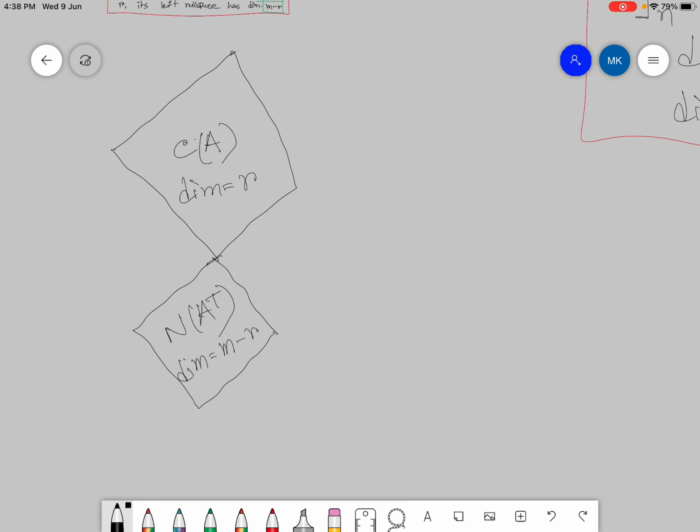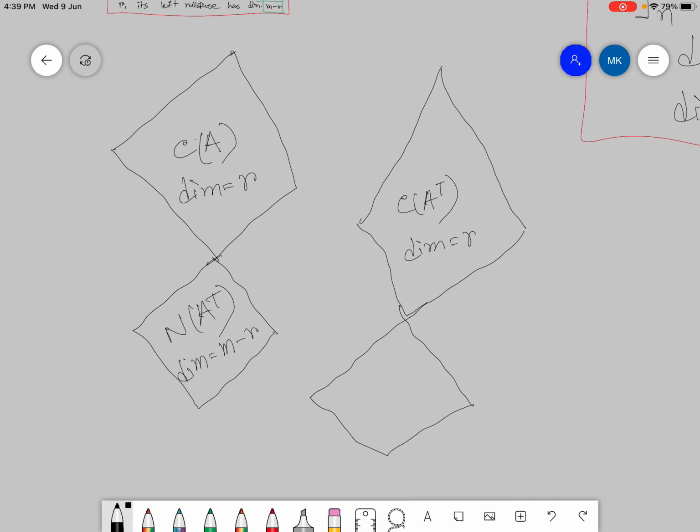And if I try to draw it for the row space, the row space is basically in Rn, so the dimension is the same as the rank, and it is connected to the null space because they are in the same vector space.